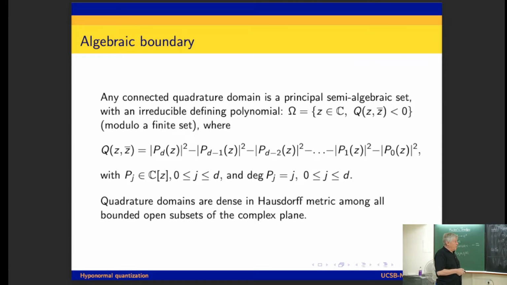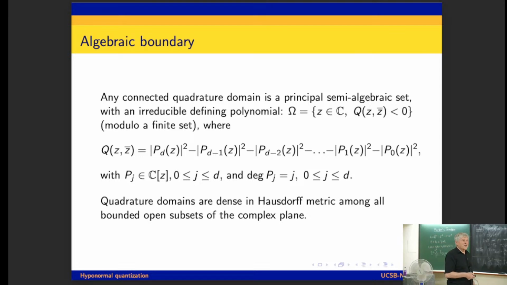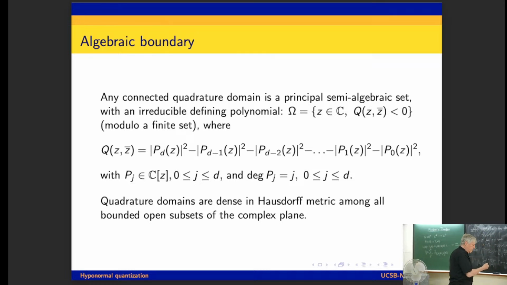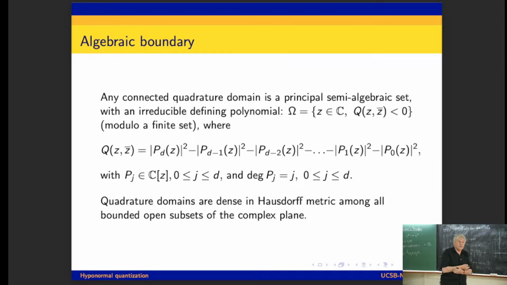So all polynomials here appear. We have one positive square and then negative squares, and their degrees decrease one by one. None of them is 0. So I call this a generalized lemniscate. It's similar to the level set of a single polynomial. And this is a feature which was discovered at the beginning of the theory by Aharonov and Shapiro. I'll give details.